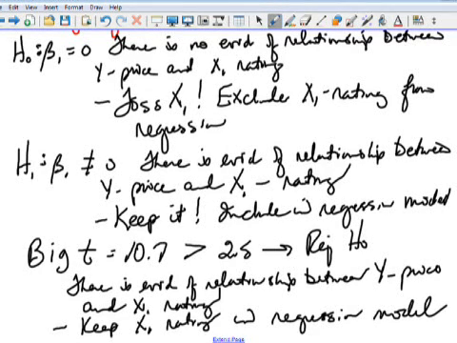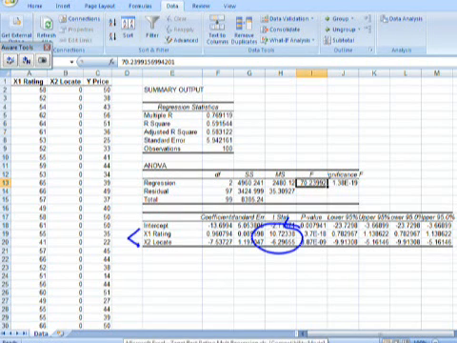We have to do the same thing now for the slope that corresponds to X2 location. I am not going to take the time to write that one out because you would do it in the very same manner, but let's look at the value in Excel. The T corresponding to the slope of X2 location, negative 6.29.